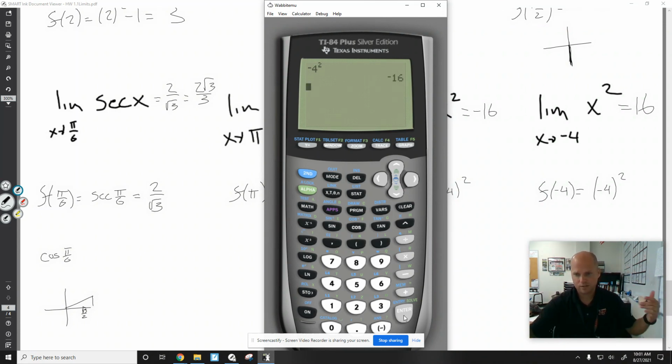But then your calculator tells you, no, it's negative 16. Why? Because it's using order of operations. It's saying, hey, negative 1 times 4 squared, I'm going to square that 4 first, and then I'm going to multiply by negative 1. That's how it gets negative 16 when you plug that in. But you know, negative 4 quantity, the number negative 4 times itself, that gives you positive 16. That's what we want for this one, not what we get for that one.